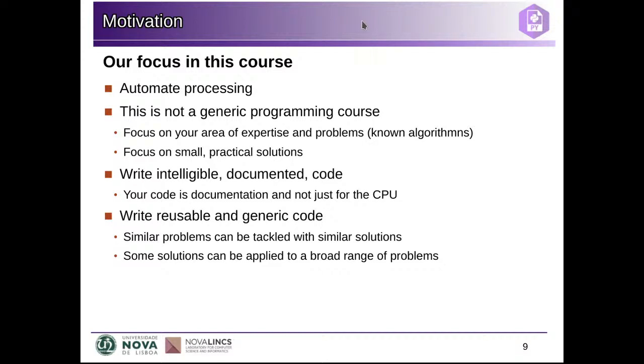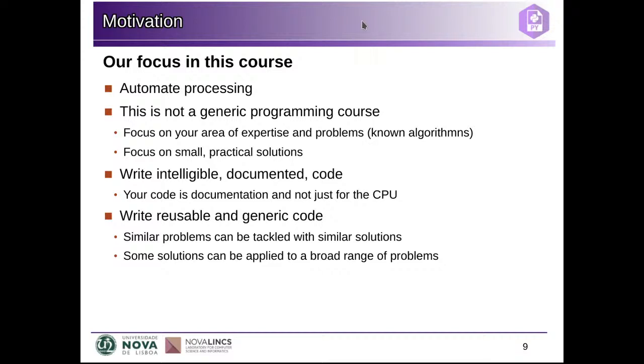And also, we want to make this as useful as possible, so we're going to always try to break down the tasks into small pieces that we can reuse and adapt to different problems. So if you have similar problems that have some parts in common, your code should be written in a way that you have to change as few parts of the code or adapt as little as possible in order to reuse your code in different problems.